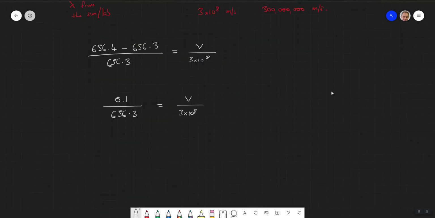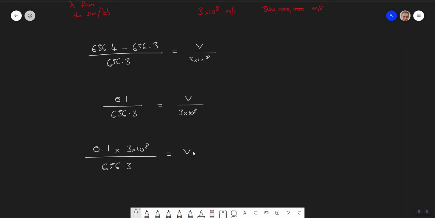So we could therefore say that 0.1 times 3 times 10 to the 8 over 656.3 is equal to our speed.